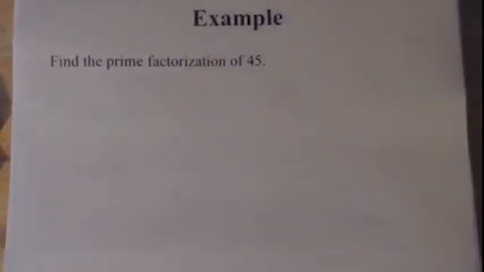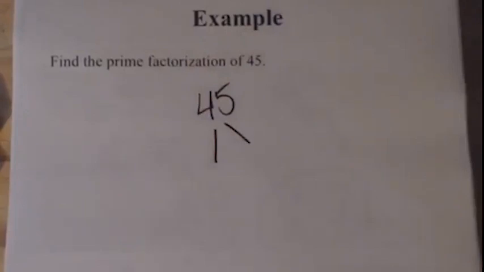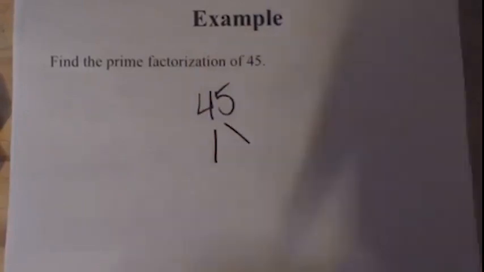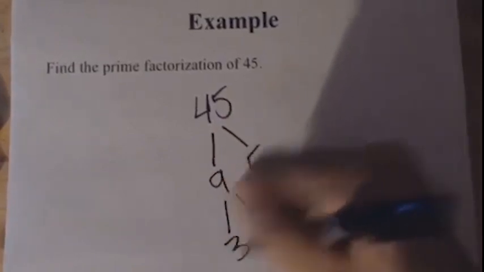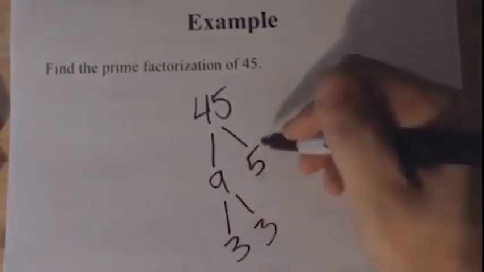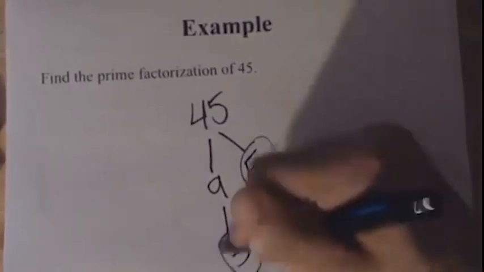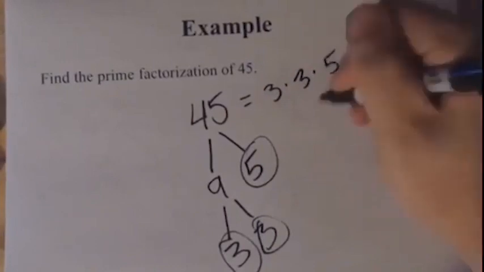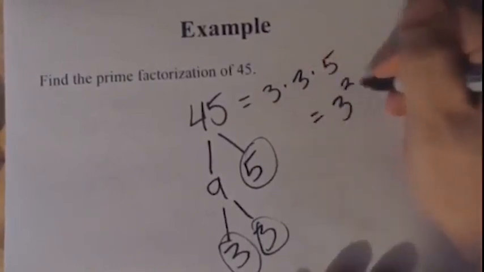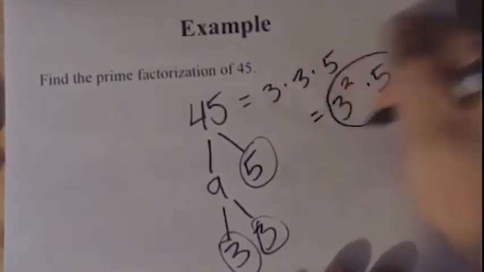Let's find the prime factorization of 45. 45 is 9 times 5. 9 is 3 times 3. So 3 times 3 times 5 is 3 squared times 5.